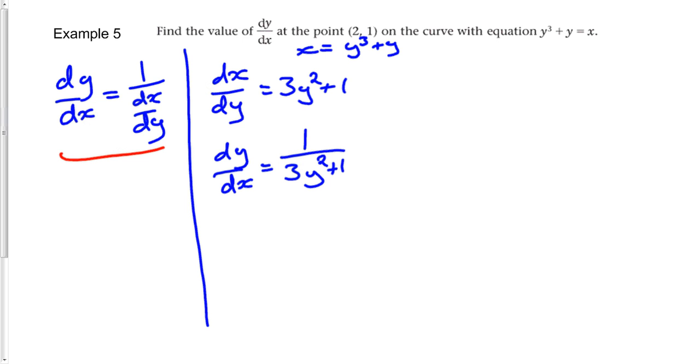And again, just like the last question, it asks us to substitute in the values, but this time we do not substitute in the value of 2, because remember that value of 2 is an x value. What we do is we substitute in that value of 1. So dy by dx will equal 1 over 3 lots of 1 squared plus 1, which is going to be 1 over 4.